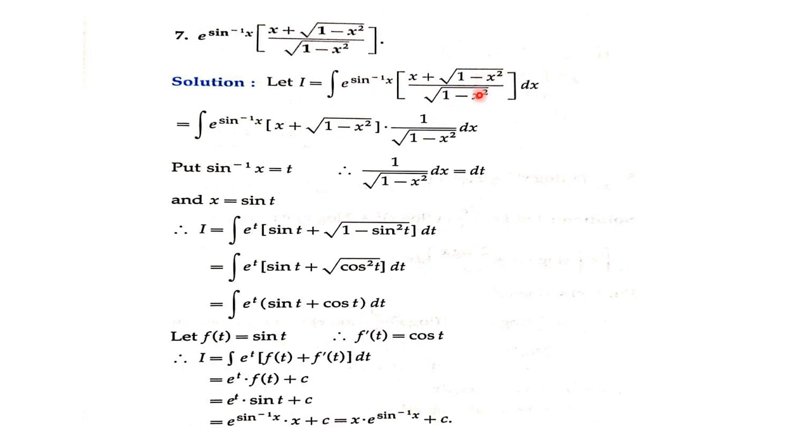Let us consider the given integral. Now e raised to sine inverse of x into (x plus under root 1 minus x square) into 1 by under root 1 minus x square. The same function is only written in another way. Now put sine inverse x equal to t, therefore 1 by under root 1 minus x square dx is equal to dt, and therefore we have x equal to sine of t.